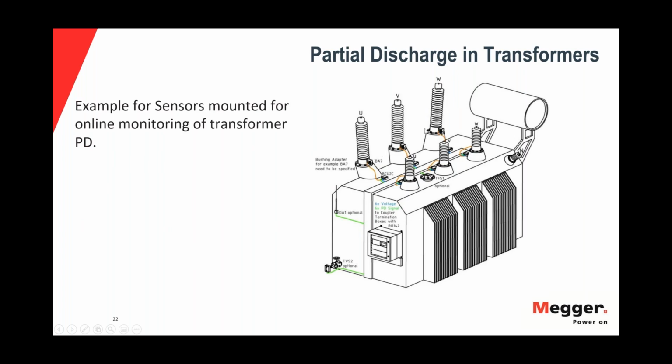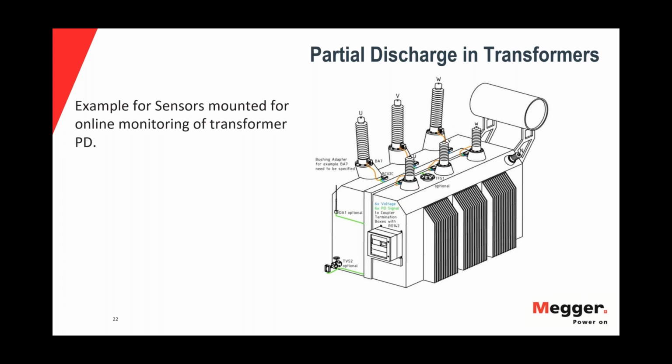on each bushing, there is a bushing adapter. Basically, we have bushing adapters for all transformer types, connected to the bushing tap. It's a direct measurement method because it uses the bushing capacitance, the C1 capacitance of the bushing, as the coupling capacitor.